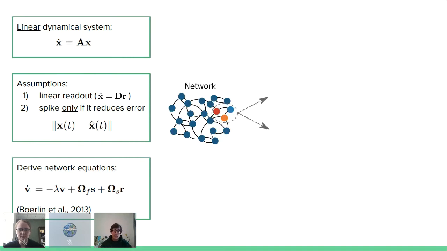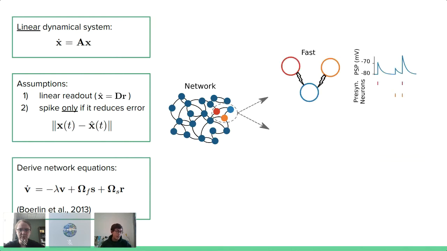Now, this network requires two types of synapses to work. The fast type, which, as you can see in this schematic, takes its name from the fact that a presynaptic spike, for example, of the red neuron that you can see here, has a very fast effect on the postsynaptic voltage of the connected blue neuron.